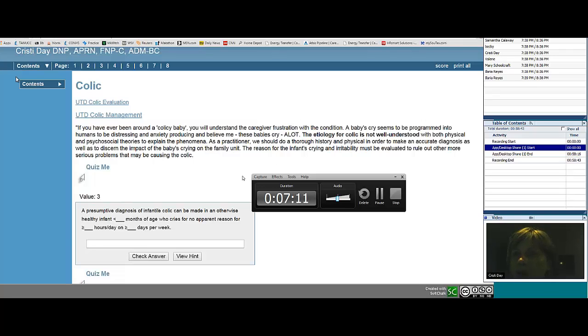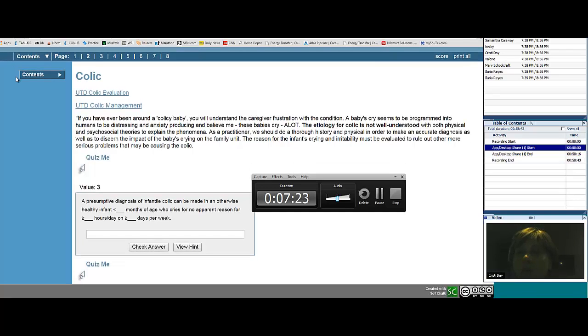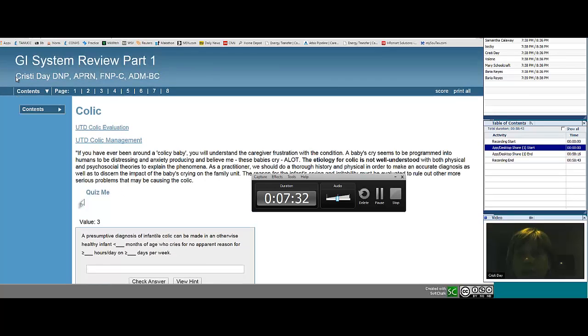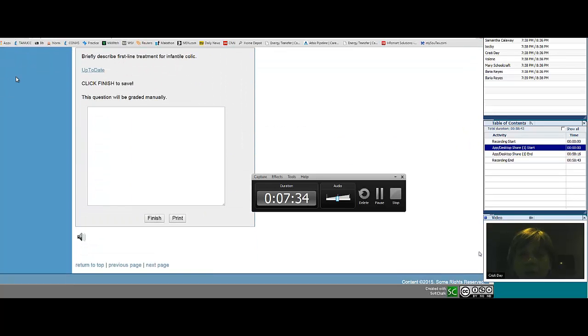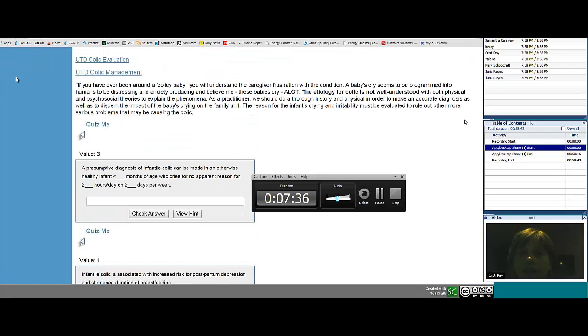When is it colic and when is it not? And then know your first line. What are you going to tell your patients, and what are the risks of colic? The bonding issues, and also risk for depression and risk for child abuse. Those are the things that go along with colic, making sure there's nothing serious, and then dealing with colic.